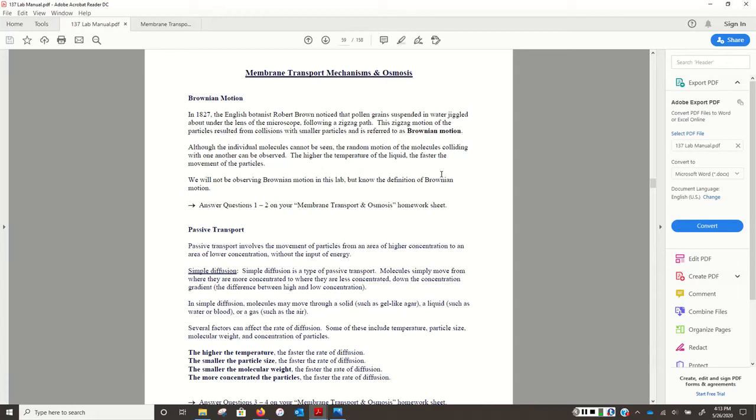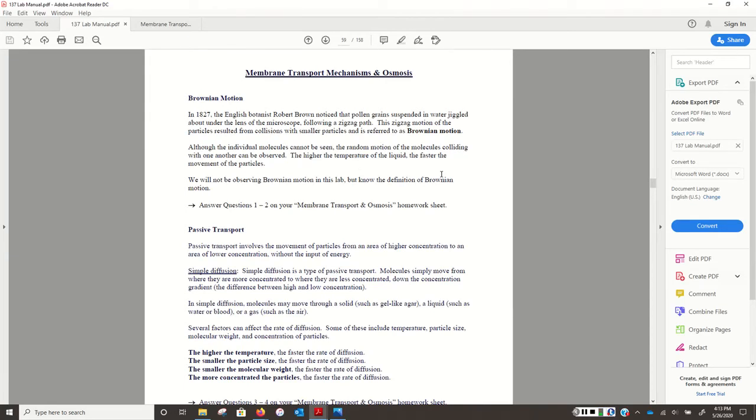He couldn't figure out what it was at first. And he noticed the more times that he looked at pollen grains, and eventually at other stuff too, it all did the same thing. When we look at particles in solution, which really just means things dissolved in a liquid, they move around.